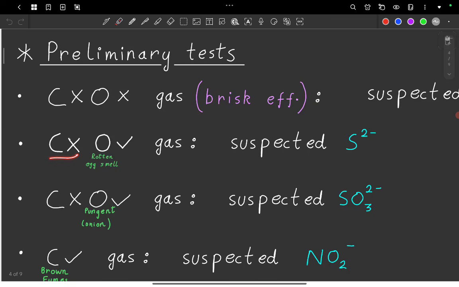Now, if the gas has no color but suddenly you are hit with a rotten egg smell in the room, that means that the gas is actually H2S, dihydrogen sulfide, and that obviously means that you have to start suspecting the sulfide ion.